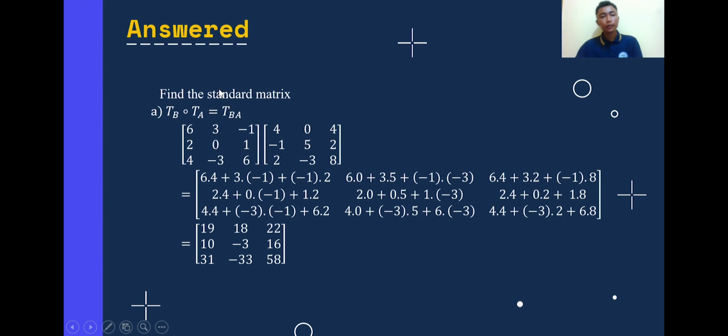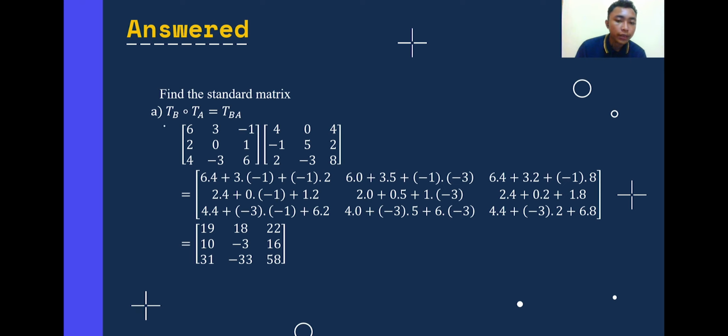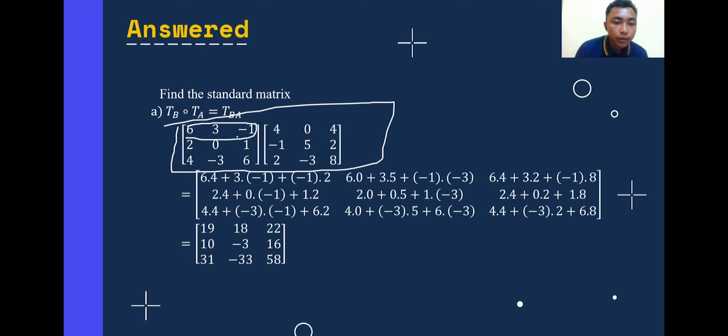So the standard matrix of TB∘TA. We just need to do matrix multiplication in 3 dimensions. So we multiply this with this.